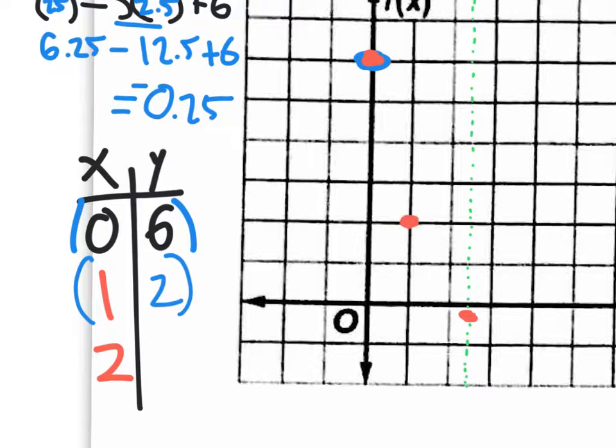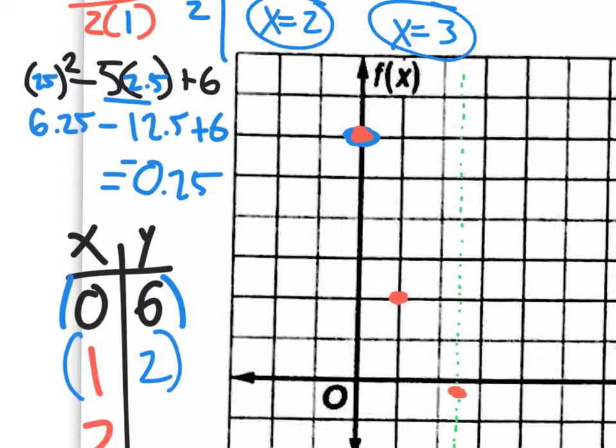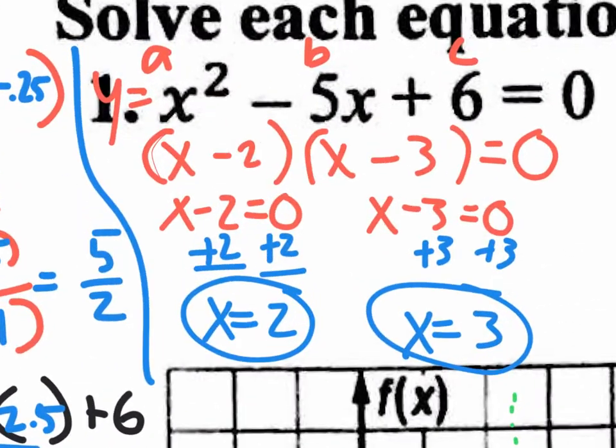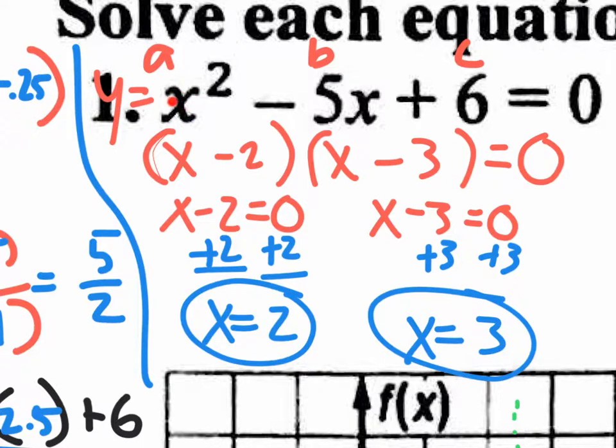After that, I want to try and plug in 2. Just that way, see, if I plug in 1 and then I plug in 2, I'll know exactly where it's at. So if I plug in 2 into the original, please pay attention, guys. Plug in 2 right here, it's 2 squared. What's 2 squared? 4. What's 5 times 2? 10. 4 take away 10.